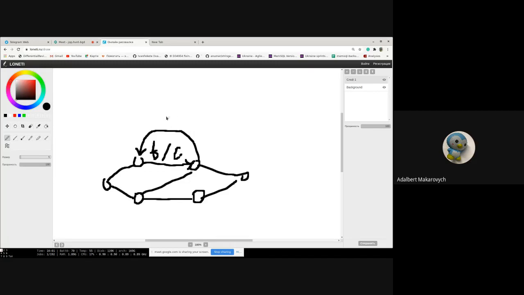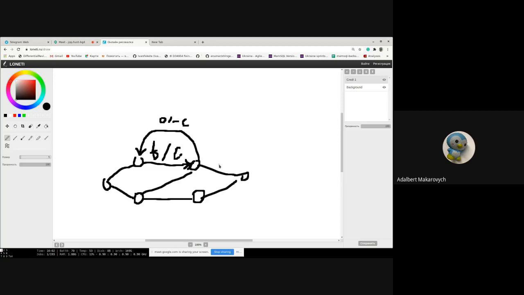So the basic algorithm of finding min cost max flow is deleting negative cycles from the graph. We can find negative cycles using the Ford-Bellman algorithm.